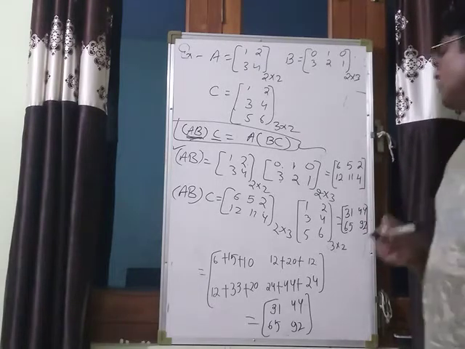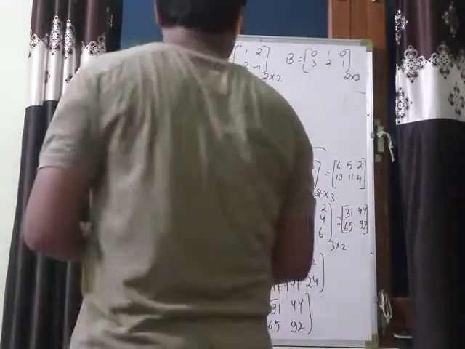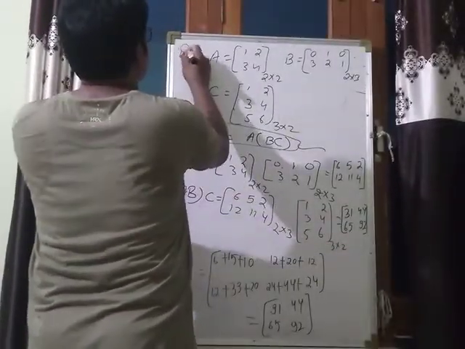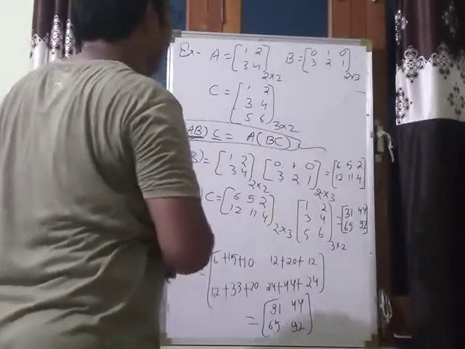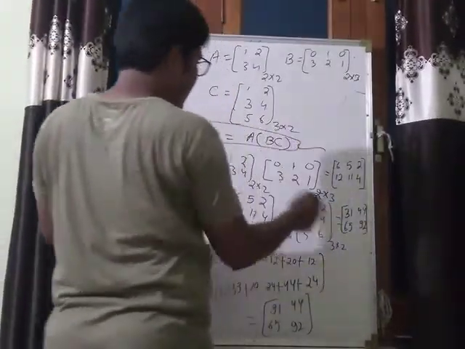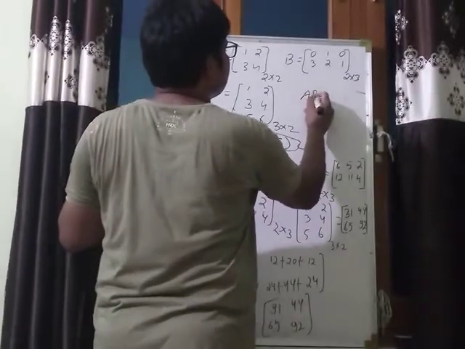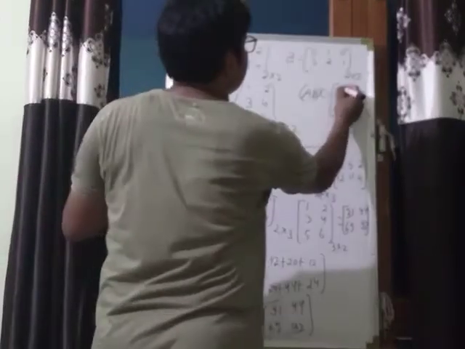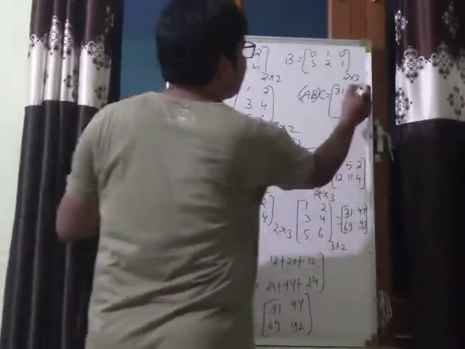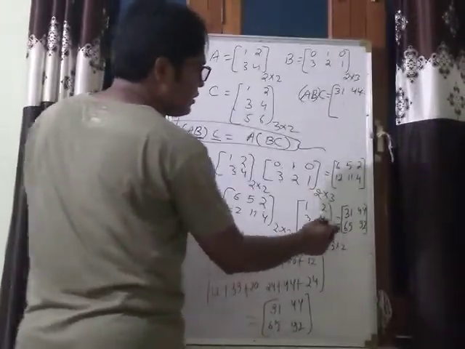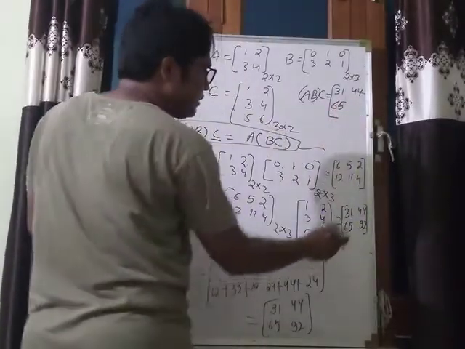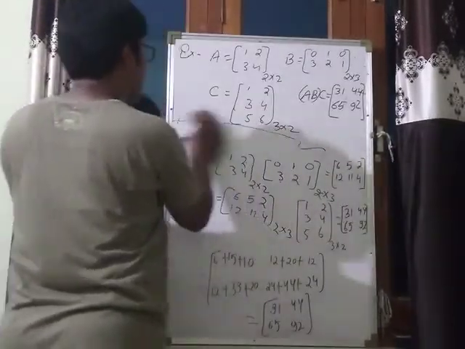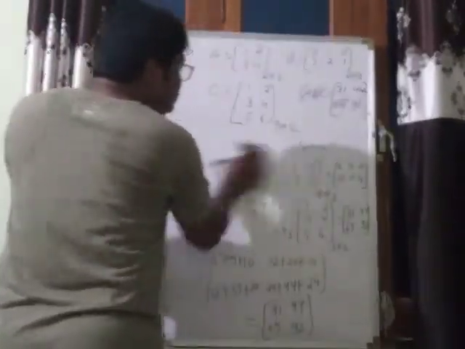Now I have to write here ABC, that is 31, 44, 65, 92. Okay. Now I am going to find out A into BC.